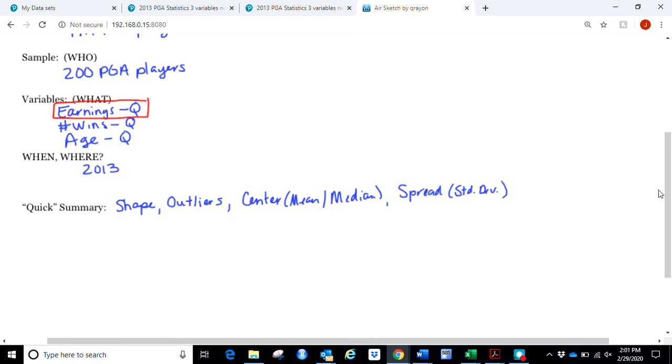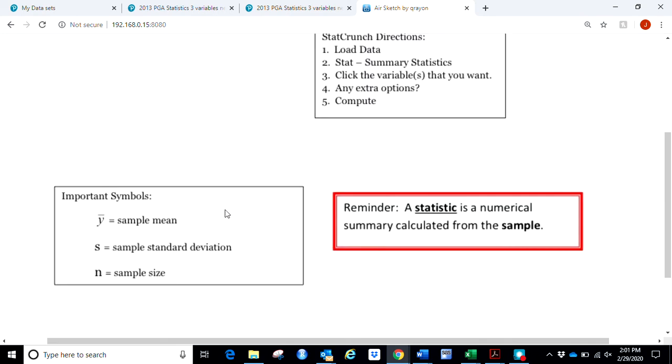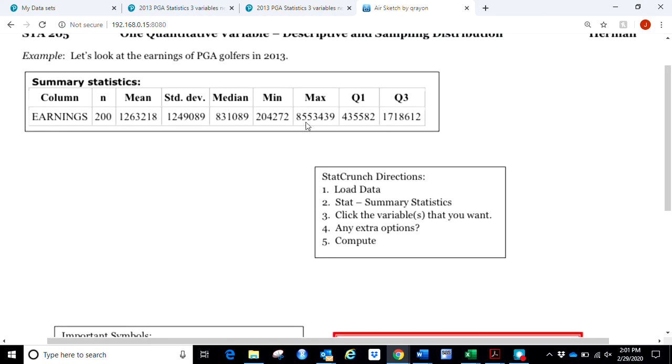So let's go back and recap what we saw about the PGA golfers. First, looking at the graph, we described the graph as being skewed right and unimodal. In addition, we identified an outlier here above that $8 million mark. More specifically, though, than it just being more than $8 million, I know it's actually the value of the maximum, which was $8.55 million.